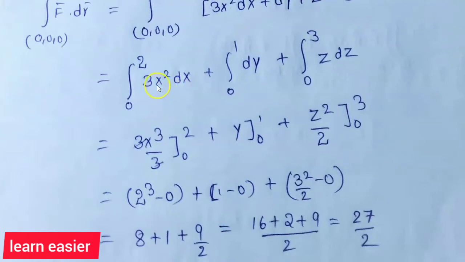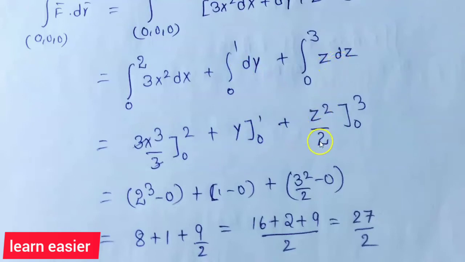Let's see. 3 into the integral of x square, which is x cube by 3. The integral of x power n is x power n plus 1 by n plus 1. Here n is 2, so we get x cube by 3, and 3 into x cube by 3, with limits 0 to 2, plus the integral of 1 dy, which is y, from 0 to 1, plus the integral of z dz.